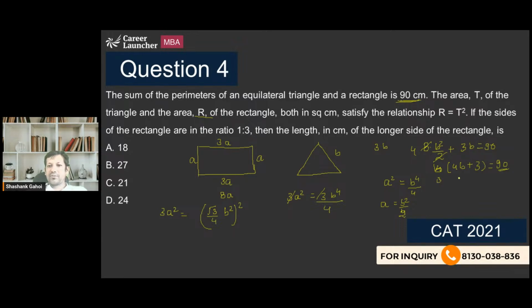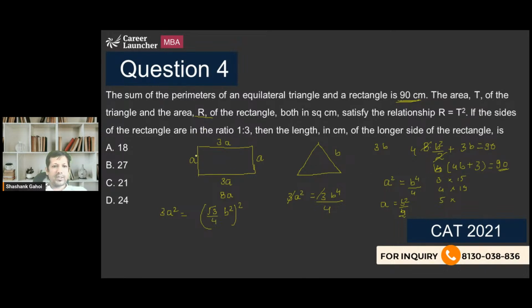So 12 plus 3 is 15. No, I need to increase the value. So B is 4. So 4 into 16 plus 3, 19. Okay, no. Let's take B as 5. 5 4s are 20, 23. So am I missing out something?